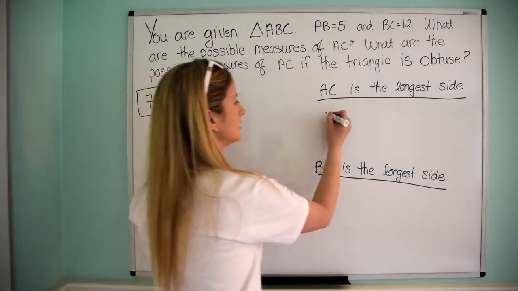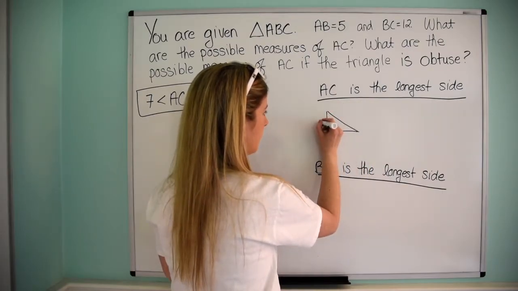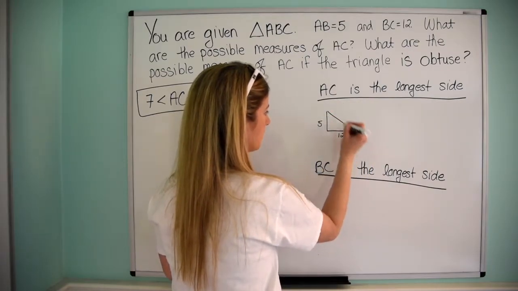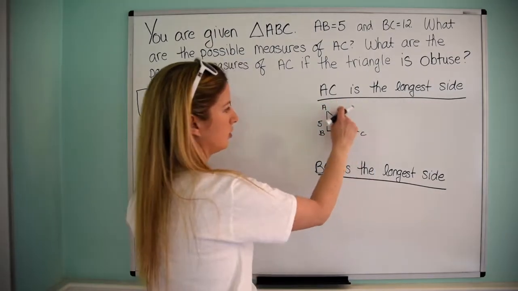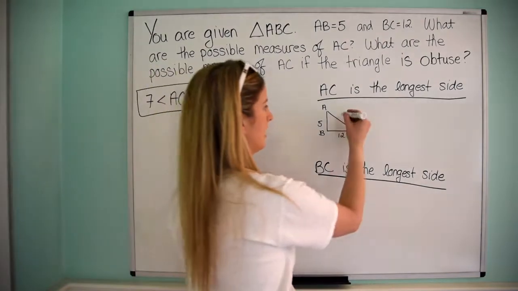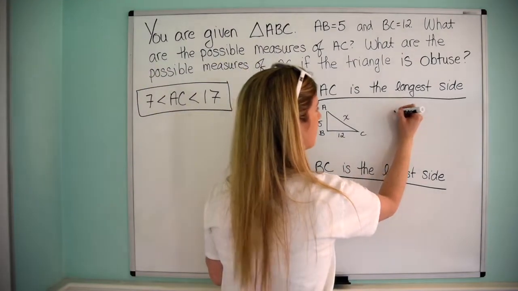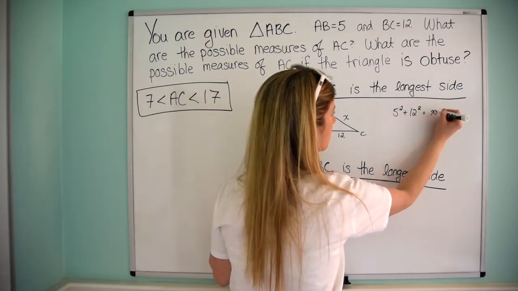Now remember, we're going to look at right triangles first. If AC is the longest side and I make a right triangle, I know that this is 5, this is 12, so this was A, B, and C. I want to know what this side is going to be, so I can just use the Pythagorean theorem. 5 squared plus 12 squared equals x squared.